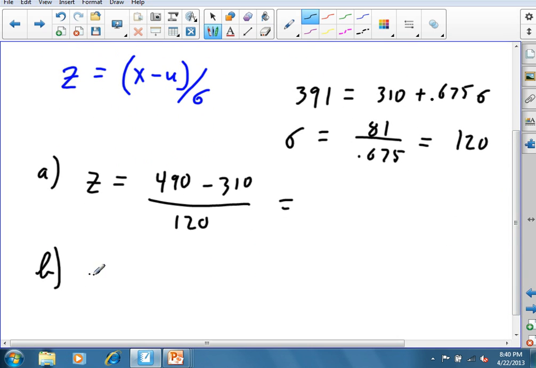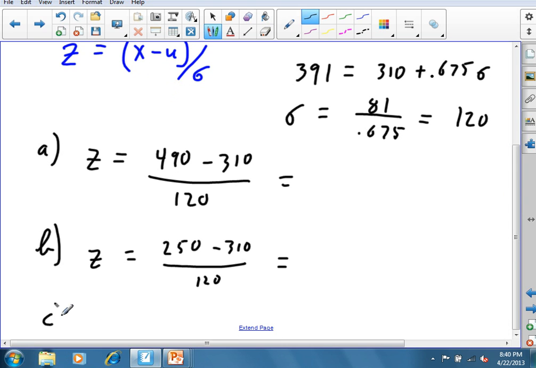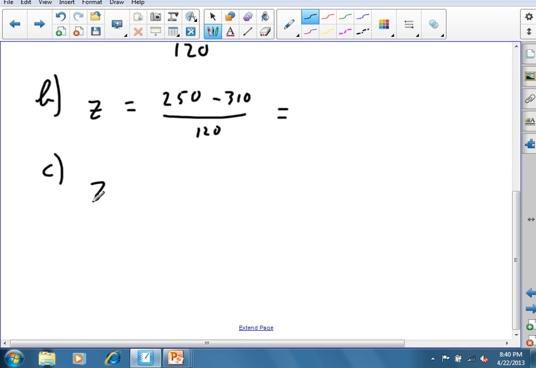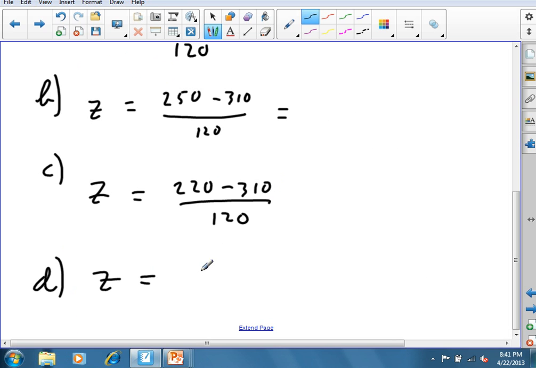B, Z is equal to 250 minus 310 over 120. C, Z is equal to 220 minus 310 divided by 120. And the last one, Z is equal to 442 minus 310 divided by 120.